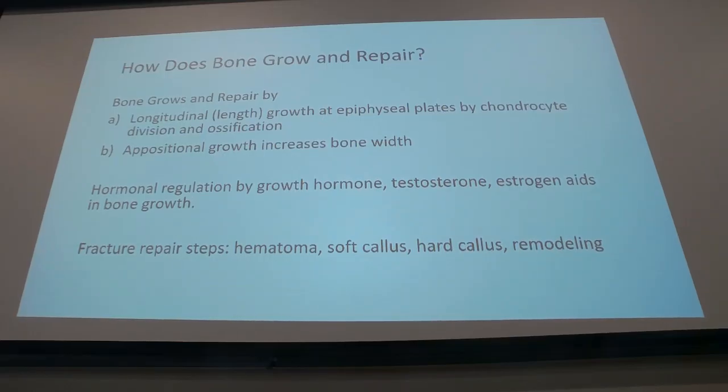So the chondrocytes undergo mitosis, and when you have certain factors that allow it, you have this mitosis, but then you run out of these factors, then this stops, and then you start ossifying your cartilage. And then you can have depositing of bone around. This is called appositional growth. So that will increase the bone in width.